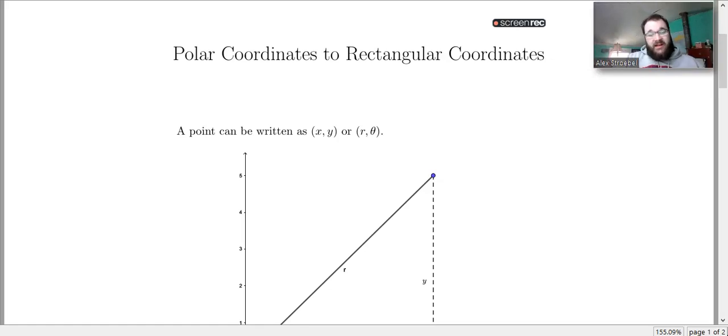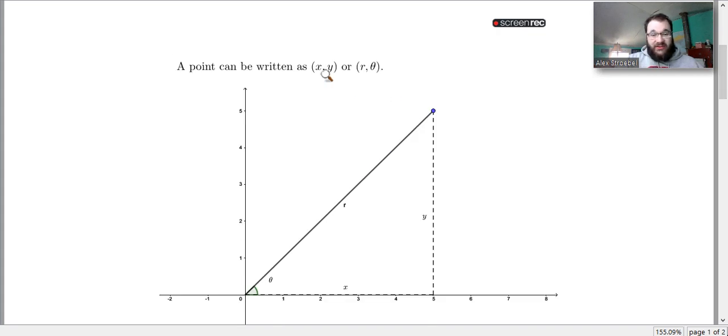This video will be on how to convert polar coordinates into rectangular coordinates. A point can be written either in rectangular Cartesian coordinate form, where you have the x value and the y value, so how many points this way you go and how many units up you go.